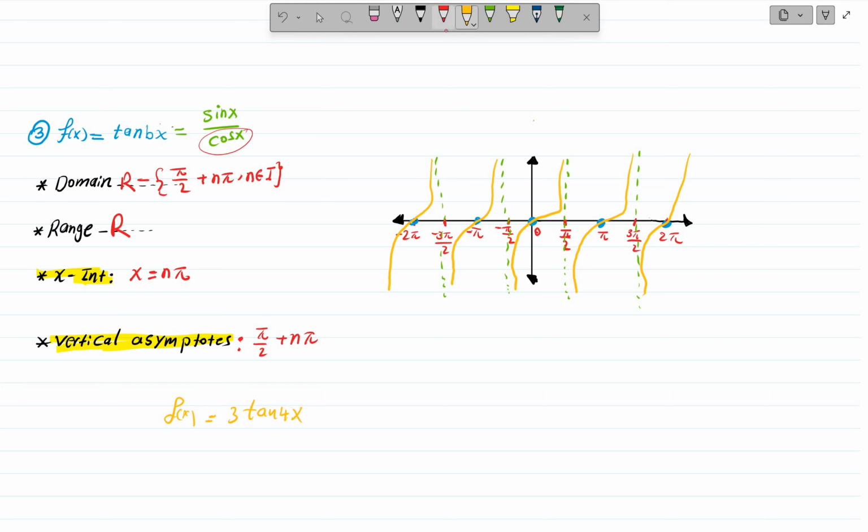So here this value changes the x-intercept and also the vertical asymptote, but the graph is going to be the same, only these values that we see on the coordinate can change. If not, the graph is going to be similar, the same.